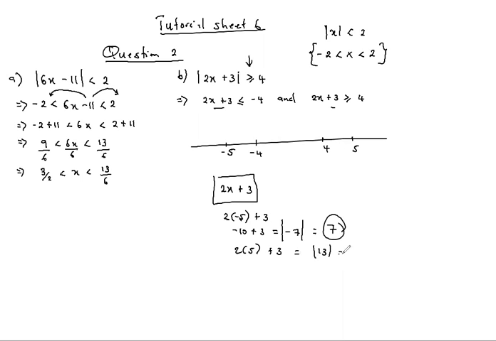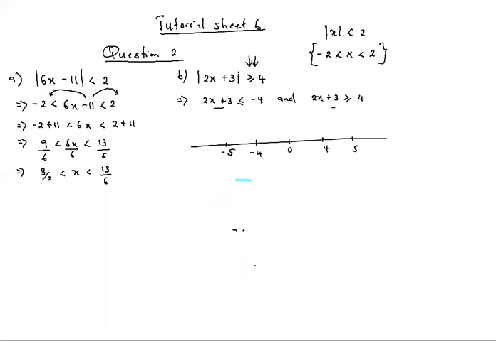In the modulus, 13 is still positive and greater than 4. But if you pick a number in between -4 and 4, say 0, you get 2 times 0 plus 3, which is 3, and 3 is not greater than 4. So that's why we are defining it in that way, so that the inequality is not disturbed.